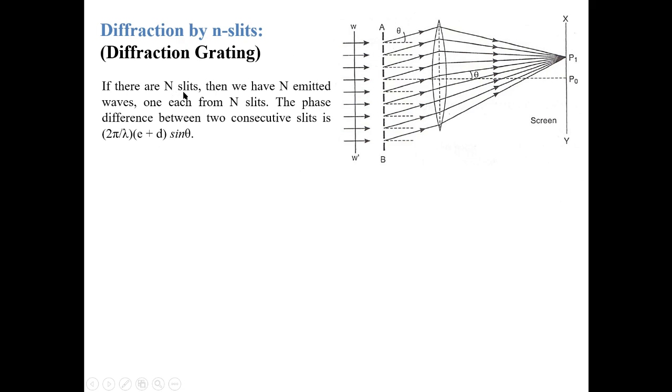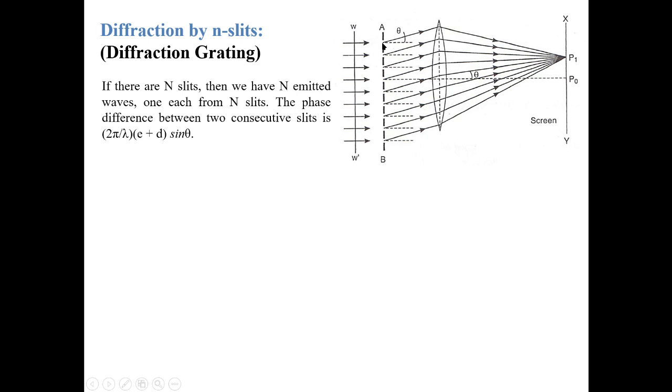If there are N number of slits in a grating, then we have N emitted waves, one from each slit. So this is a slit, this is another slit, and the number of these slits is capital N. And the separation from one slit to another slit is given by d.